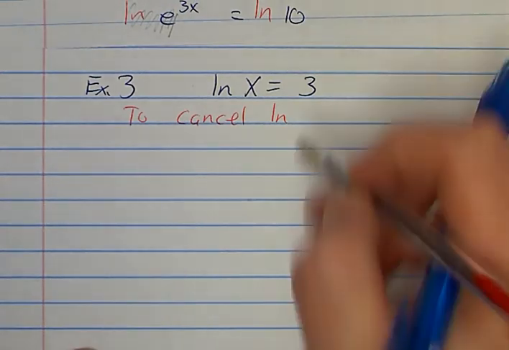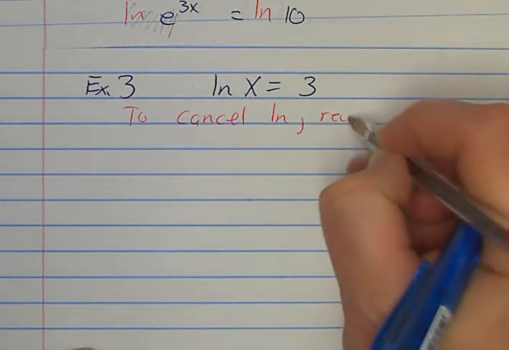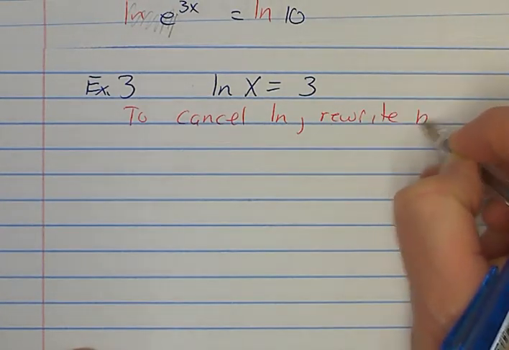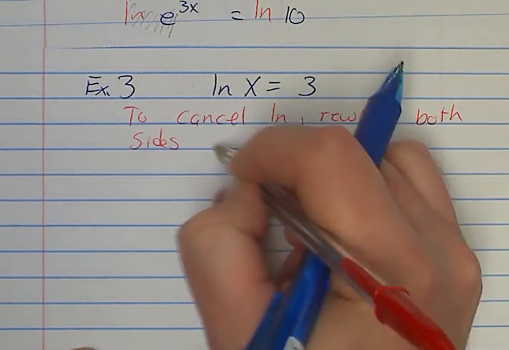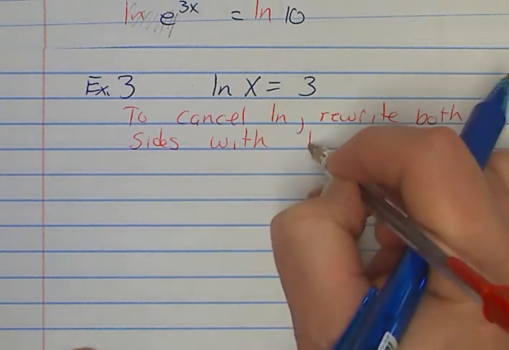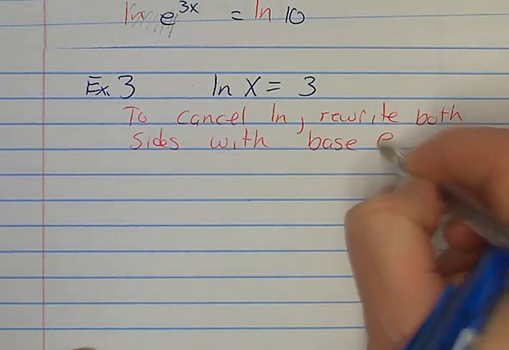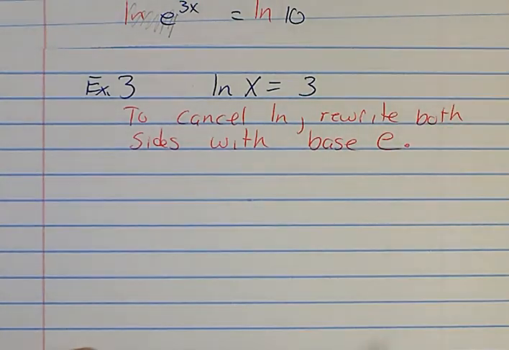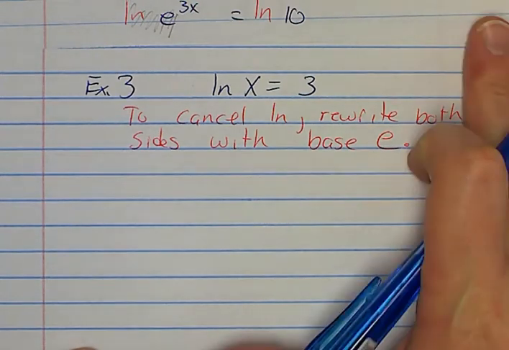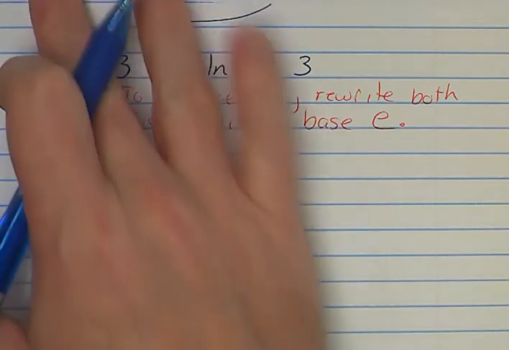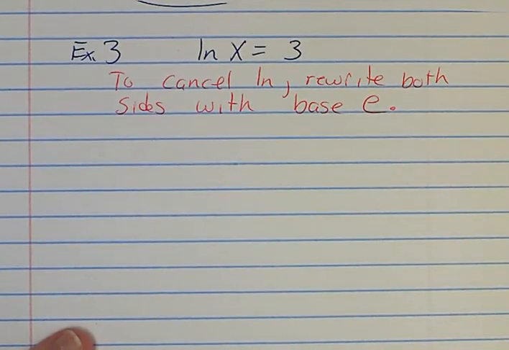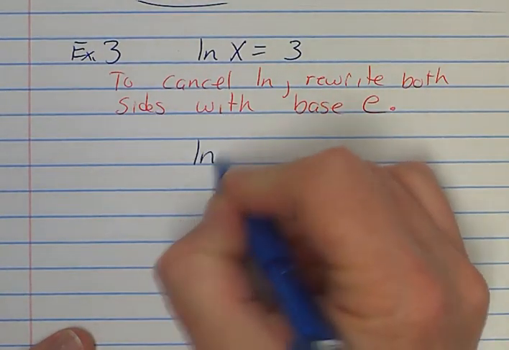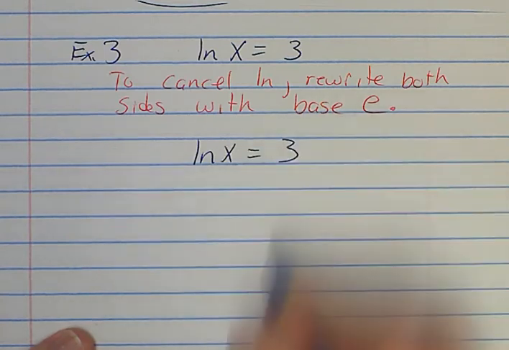To cancel the ln, you're going to rewrite both sides with base e.